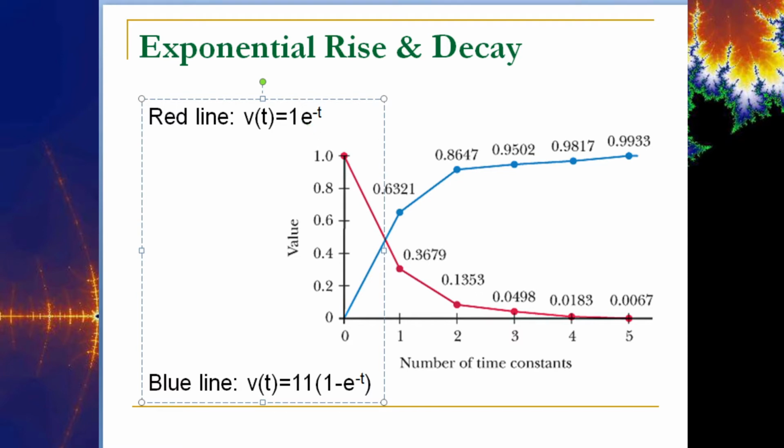Okay, so here you can see the 63% is actually like 63.21%, but for all intents and purposes, we just say 63%. And even when we get to 5 time constants, we're only at 99.3%. The reason why we say that is steady state, because everything after that is 99%, and it never gets to 100%.